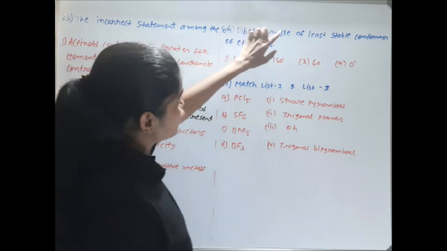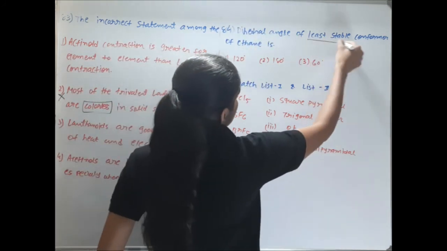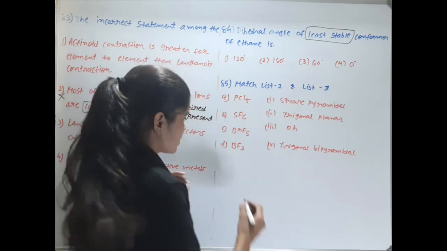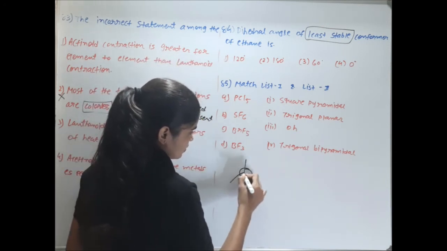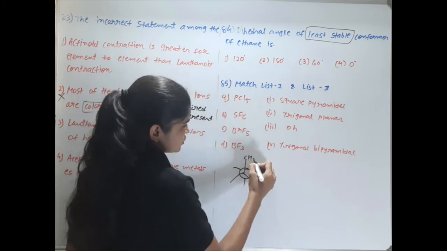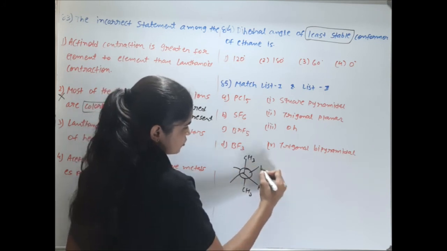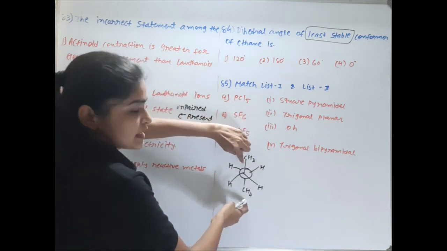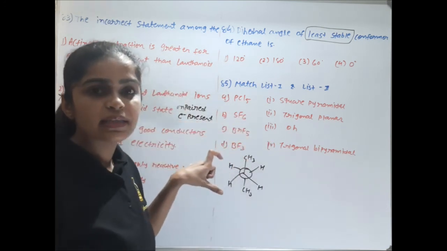Next is the dihedral angle of the least stable conformation versus the more stable conformation. For example, take the staggered and eclipsed conformations. With CH3 and CH3 and hydrogens, the staggered one has a 180-degree dihedral angle, so its stability is more.